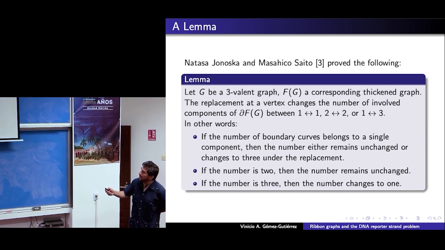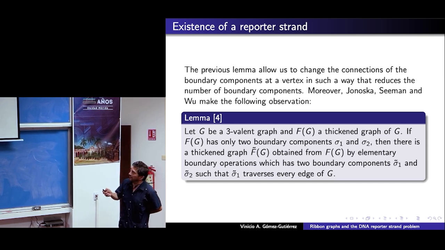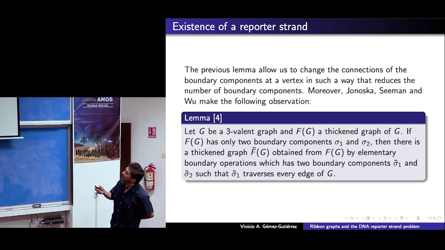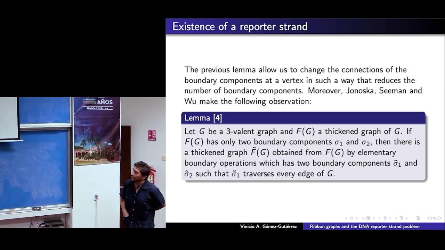This is the case 2 to 2, but we will see another example. The previous lemma allows us to change the connection of the boundary components of a vertex in such a way that reduces the number of boundary components.